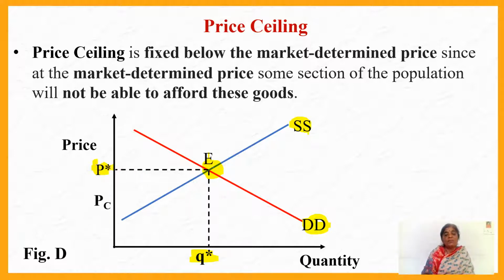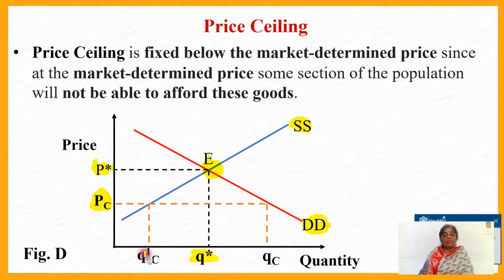Therefore, government is going to set the price below the market determined price, that is PC, the control price or price ceiling price. At this price, you can notice this is the supply and this is the demand level. The quantity demanded at this control price is very high and the quantity supplied by the firms at this price is low.